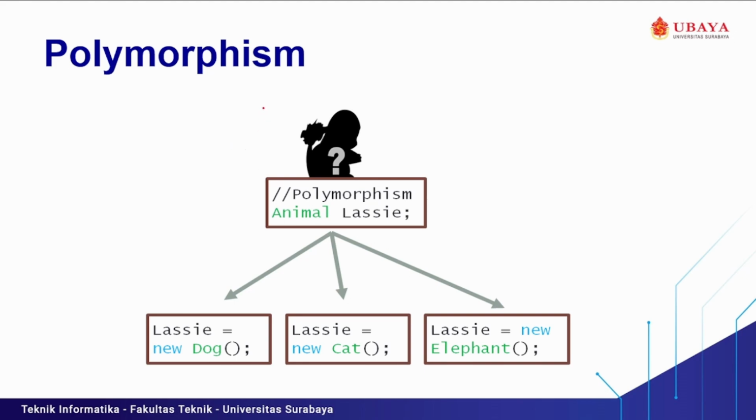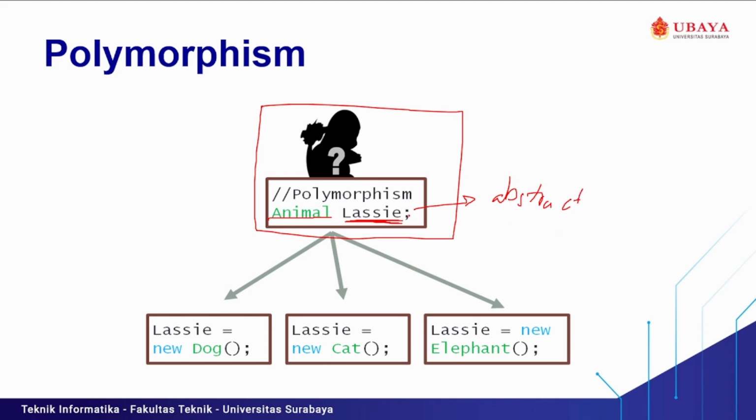We have a base class called animal, and then we create an object of class animal called lazy. At this time, lazy is still abstract, because it is created upon the base class animal.